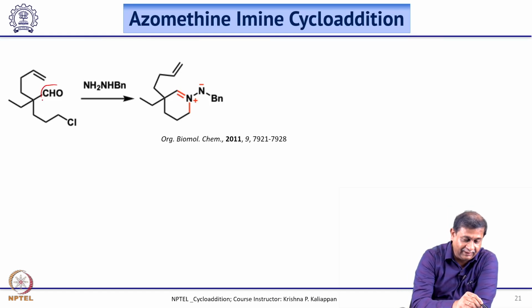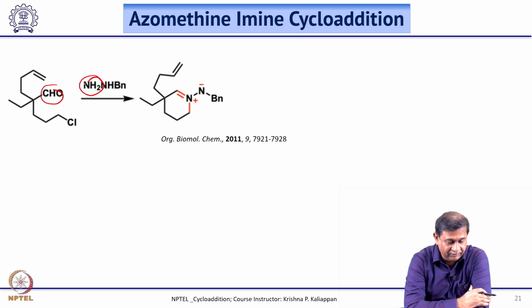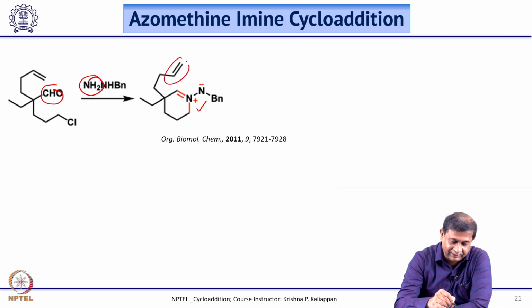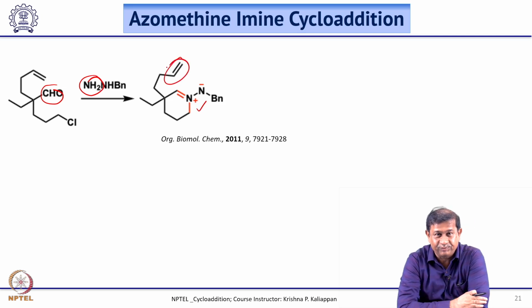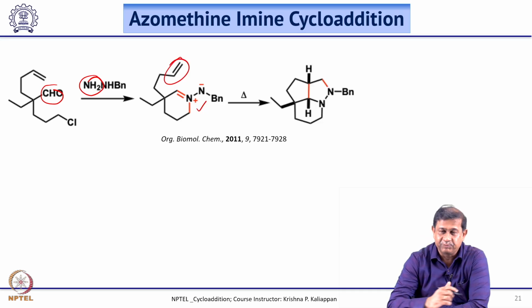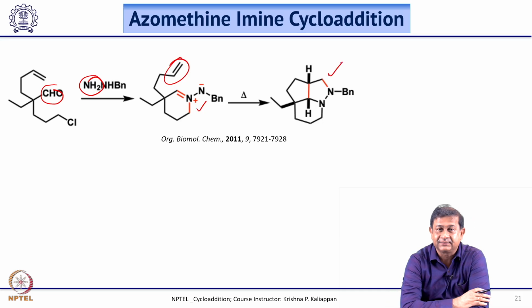You have an aldehyde, and this NH2 first forms the imine, then an intramolecular proton transfer, and you will get this azomethine imine, and you have a double bond which will act as the dipolarophile, and this can undergo an intramolecular 1,3-dipolar cycloaddition to get this tricyclic compound.